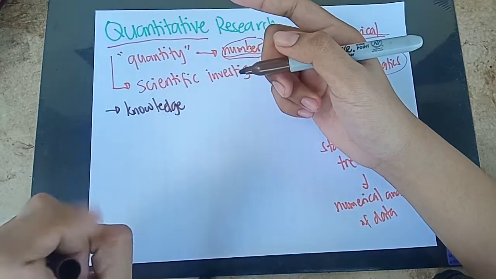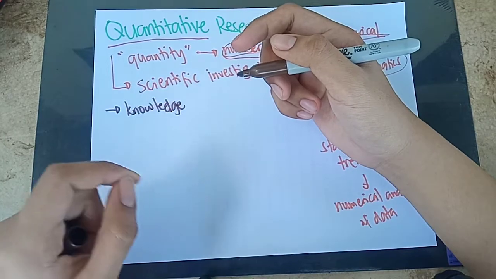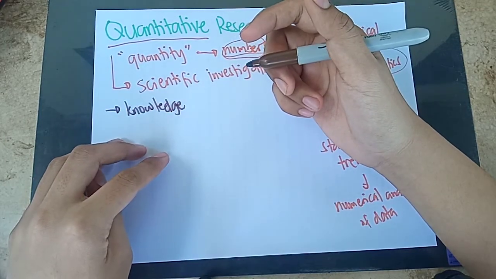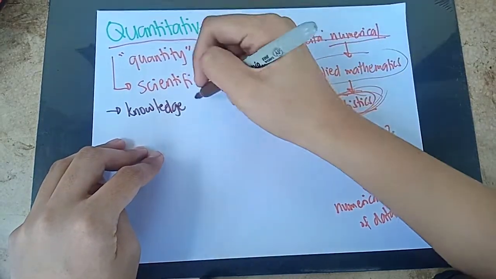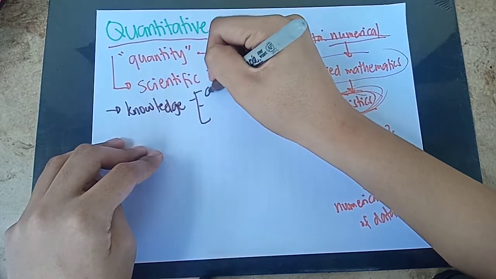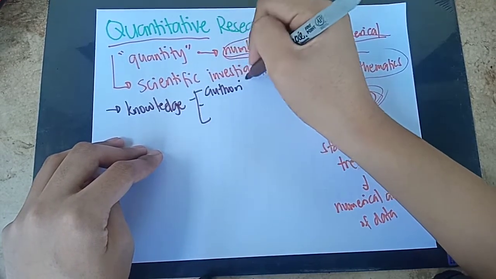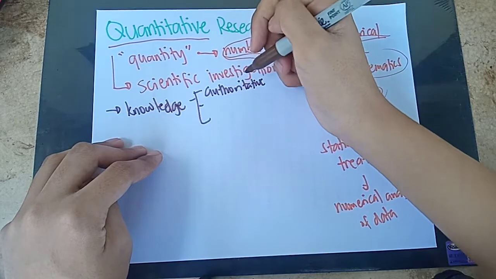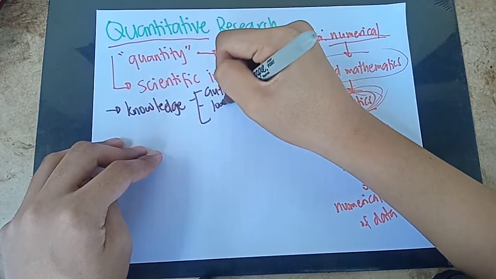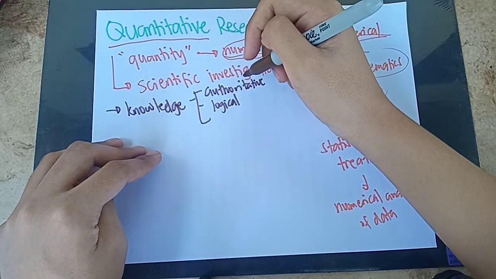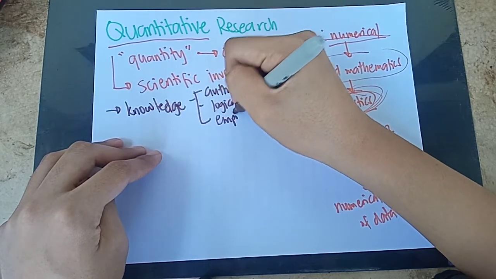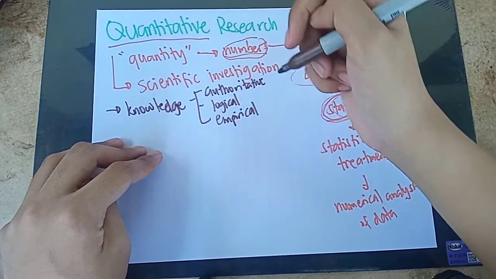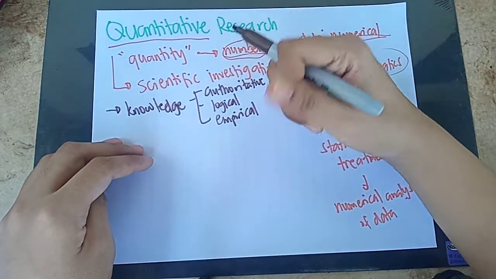The types of knowledges that can be used in quantitative research can be classified as authoritative, logical, and empirical. During our previous video discussions, we discussed these three knowledges already.